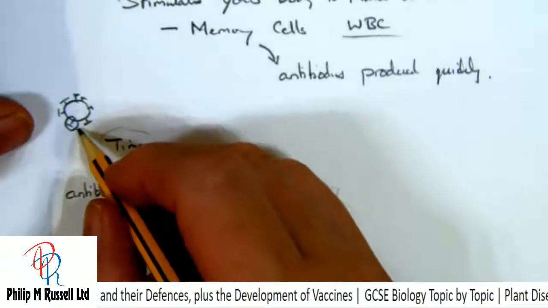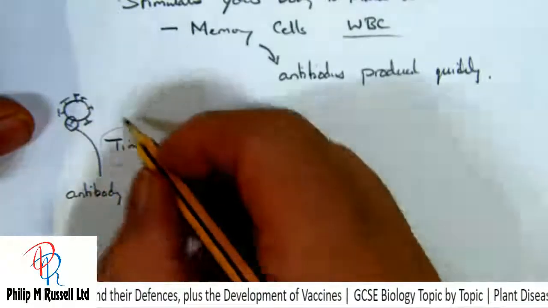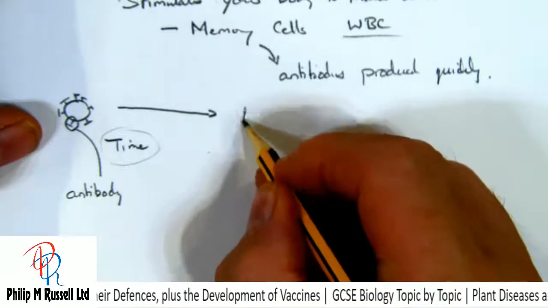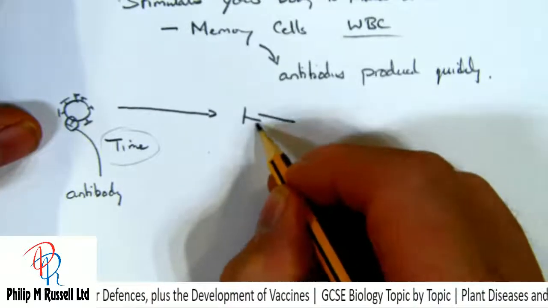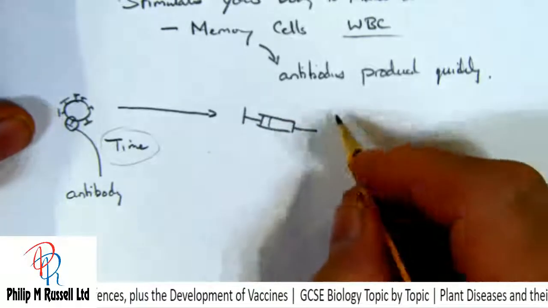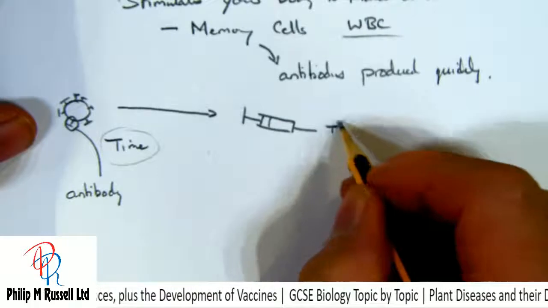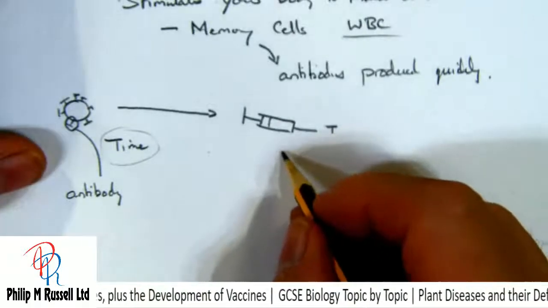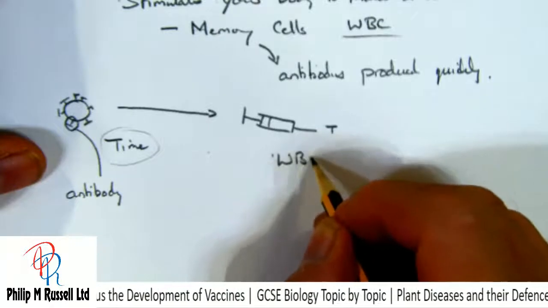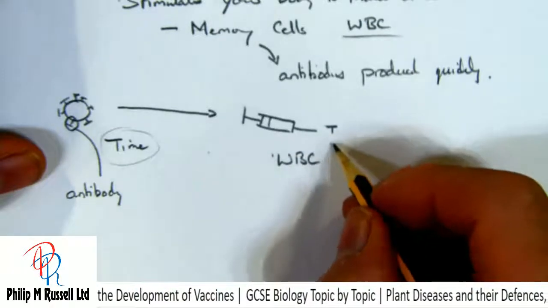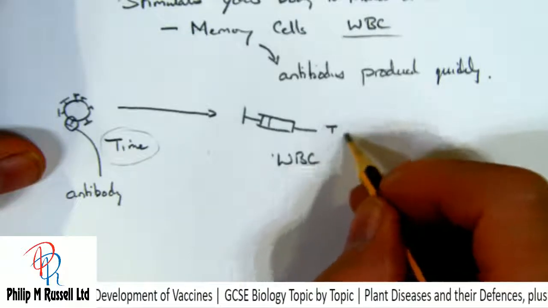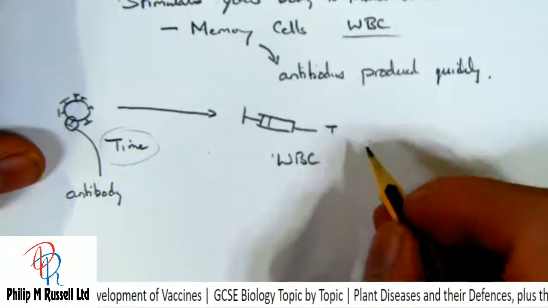So if instead of giving the whole virus, we basically take and inject into someone just that little bit, then your white blood cells are going to recognize this as a foreign object.